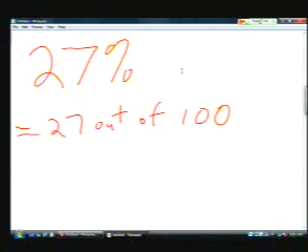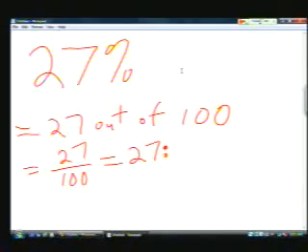So when you have 27%, can you write 27% as a fraction, John Tay? 27 over 100. Very good. That's what it is as a fraction, isn't it? So 27 out of 100. And we can write that as a ratio, 27 to 100.